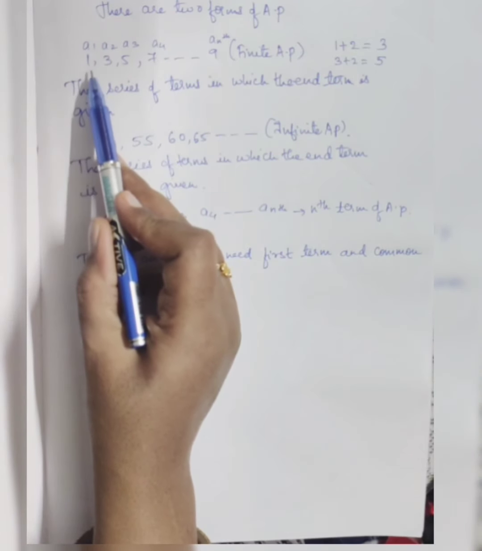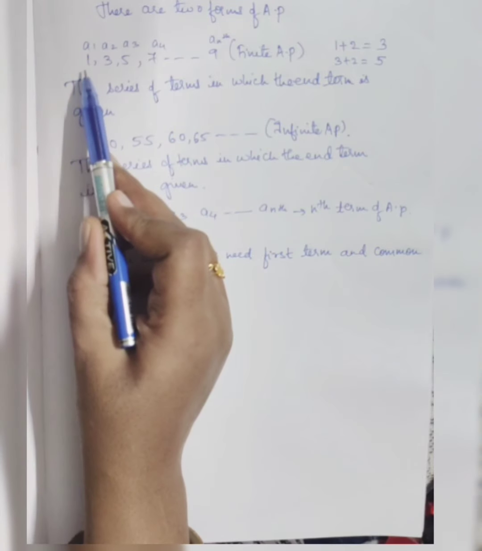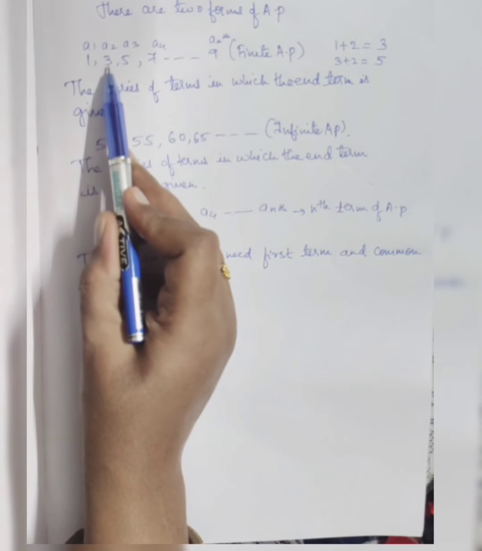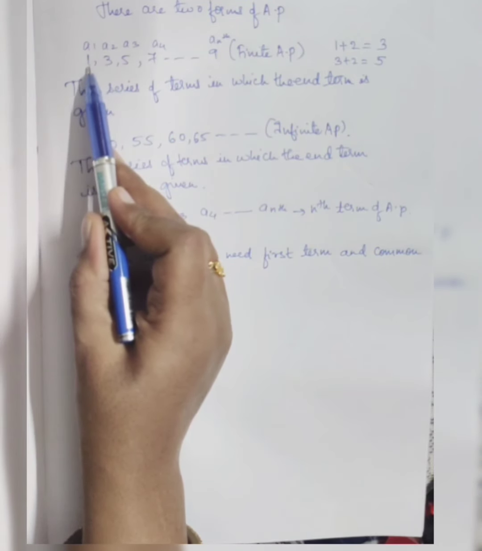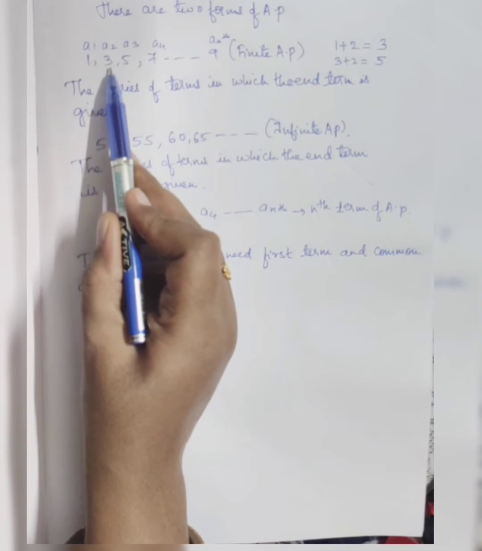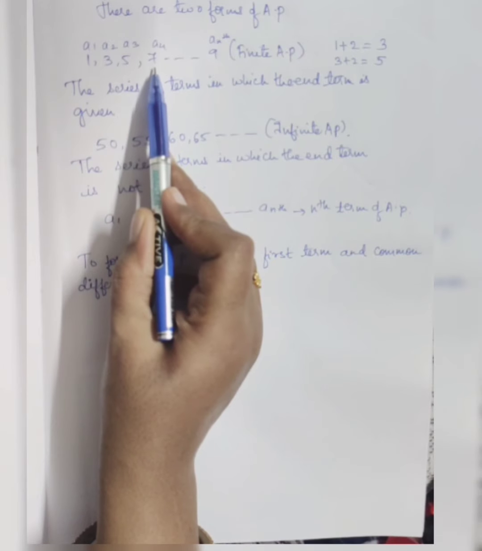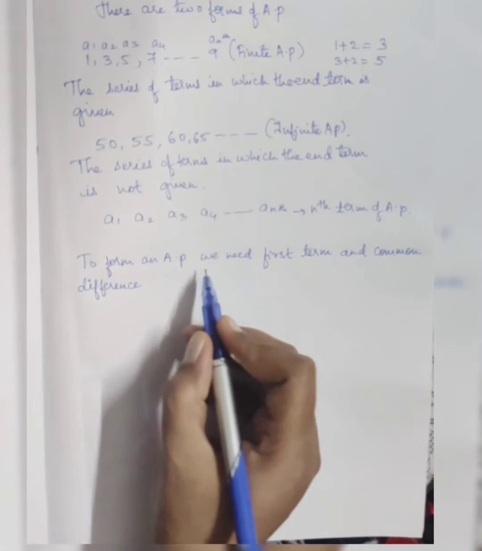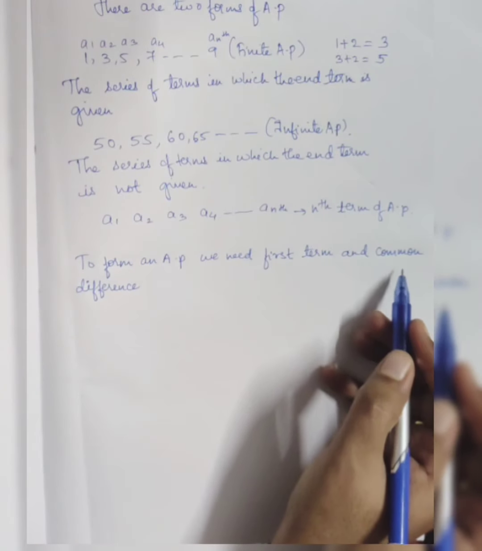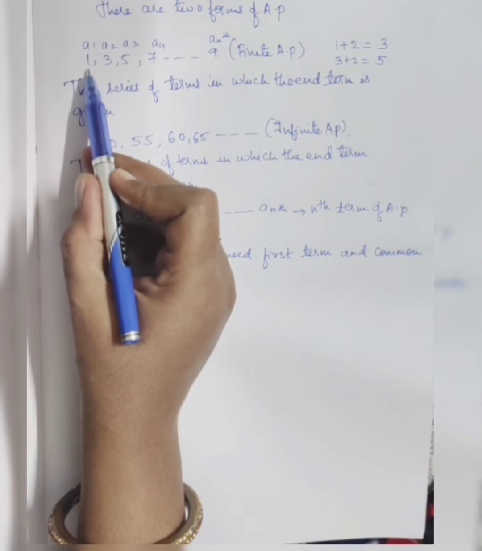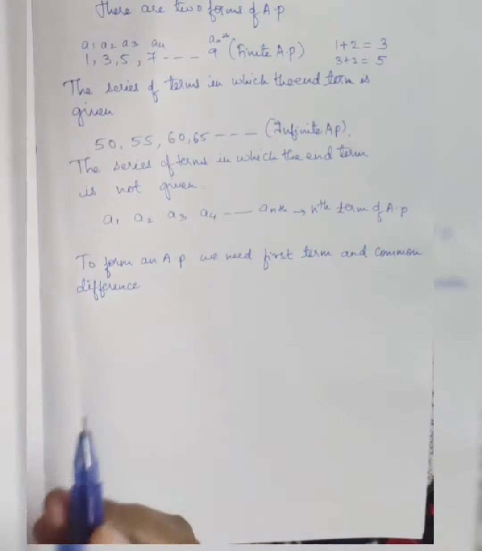You can consider this example. You can see here the common difference is 2. That is 1 plus 2 will be 3, 3 plus 2 will be 5, 5 plus 2 will be 7. So, to form an AP, we need first term and the common difference. First term is 1 and common difference will be 2.